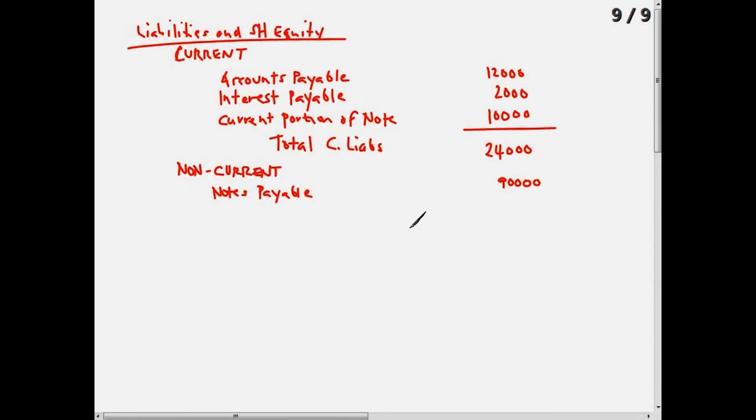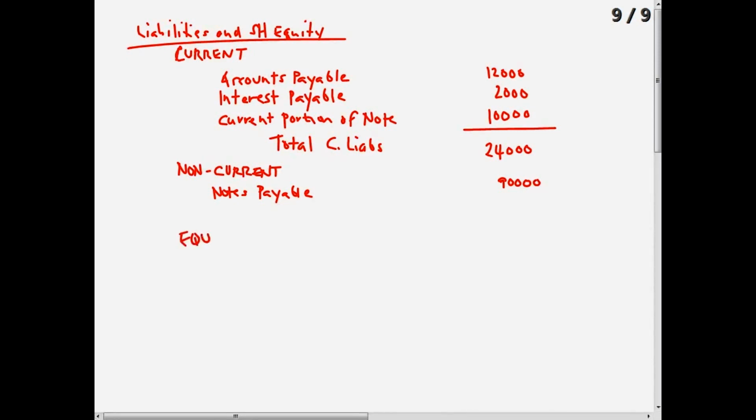Now, I cannot tell you why, but typically companies do not total their liabilities. They just do a total for current, they list their liabilities, and then they go to the equity section. I don't have a problem with you having a line item that says total liabilities. That's fine. You just won't see it for some reason on lots of companies.